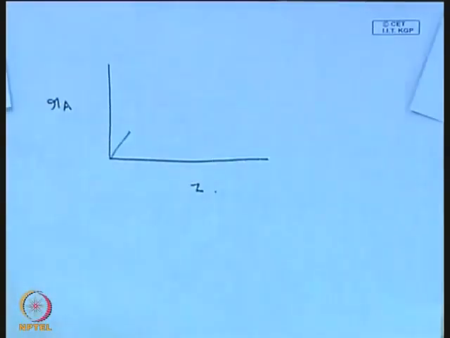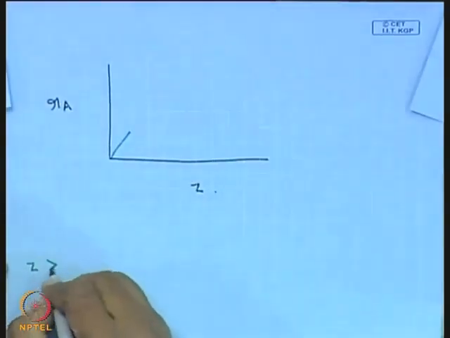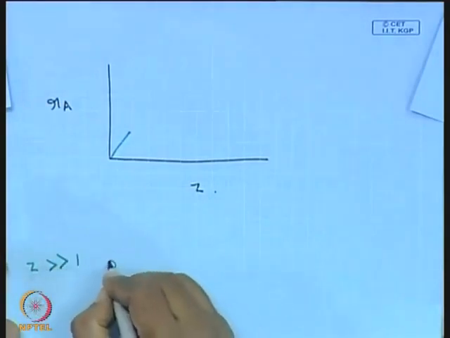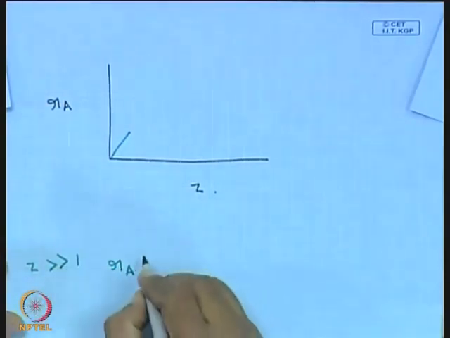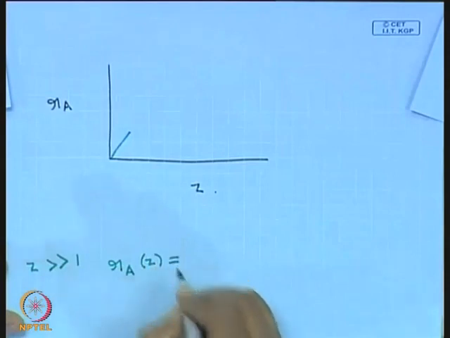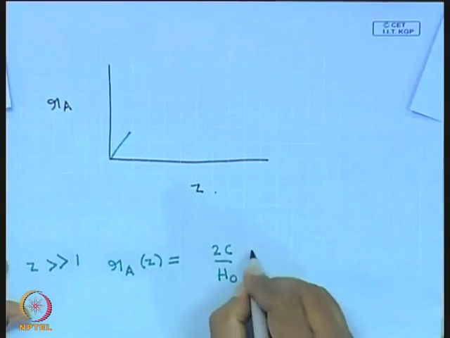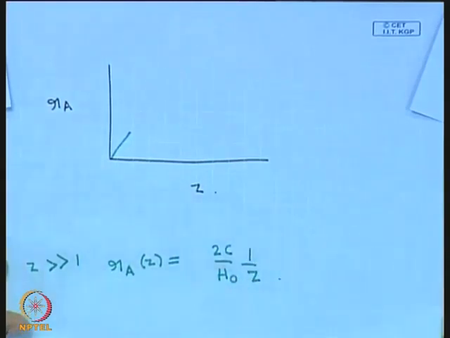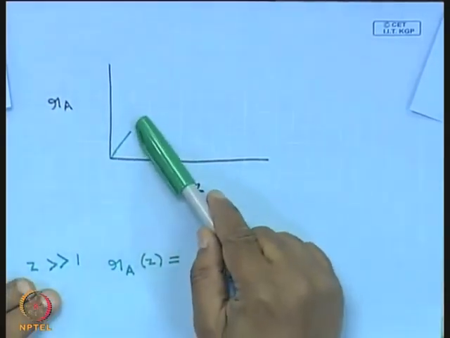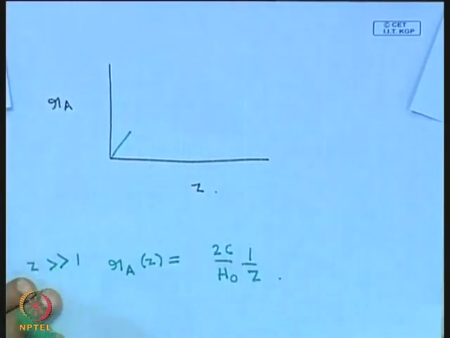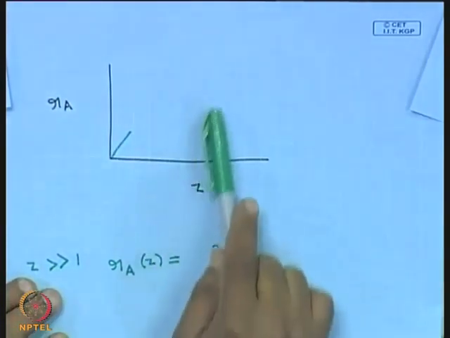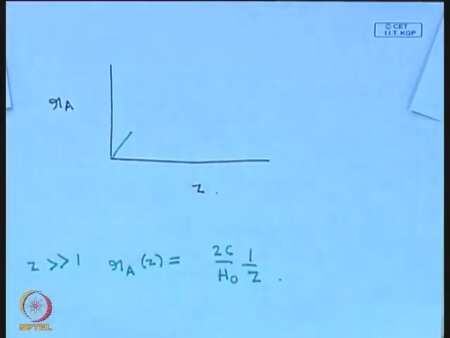So for very large z, the angular diameter distance is equal to 2c by H naught into 1 by z. So you see initially it increases with a slope which is c by H naught, and for large z it falls with a slope which is 2c by H naught into 1 by z.